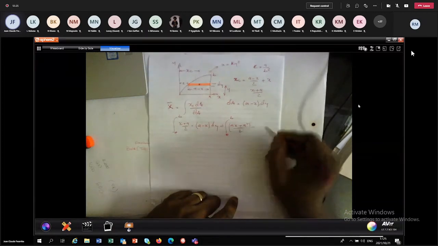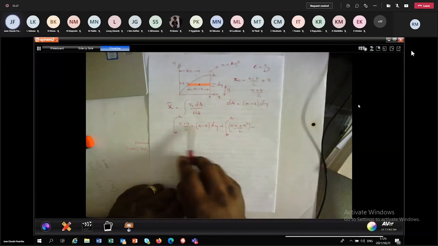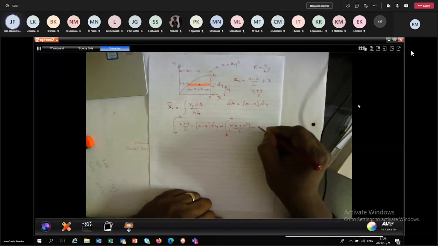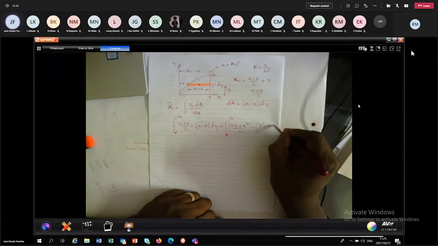Minus, now looking at the x, x squared plus ax.